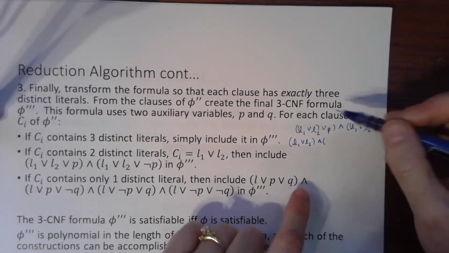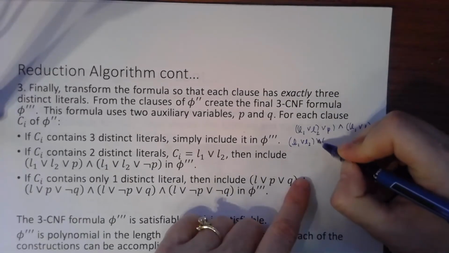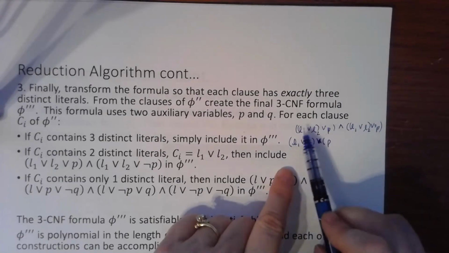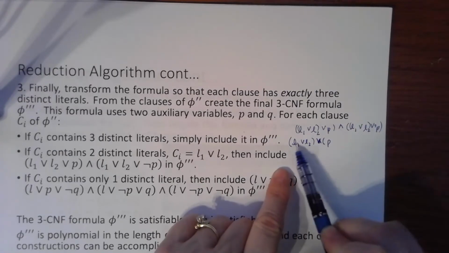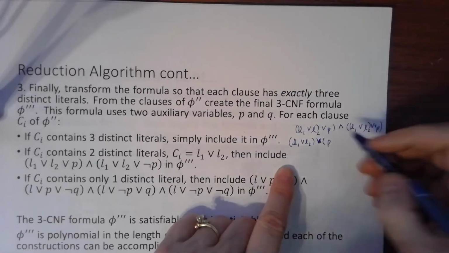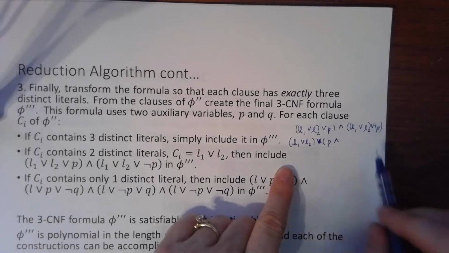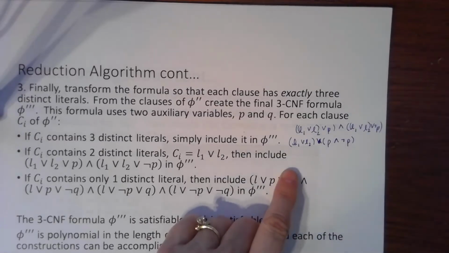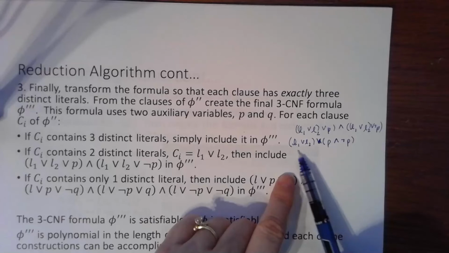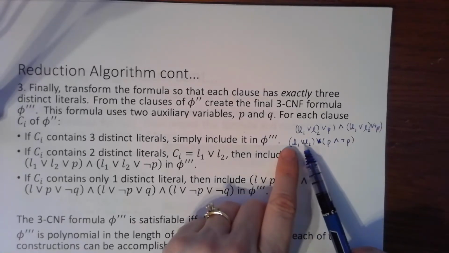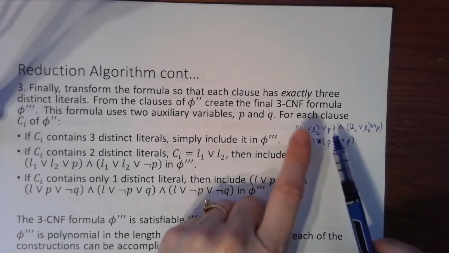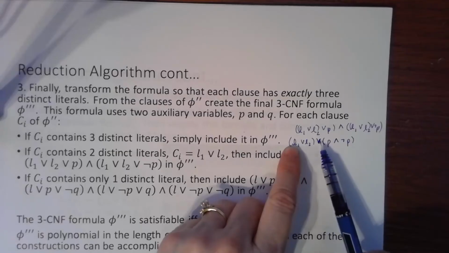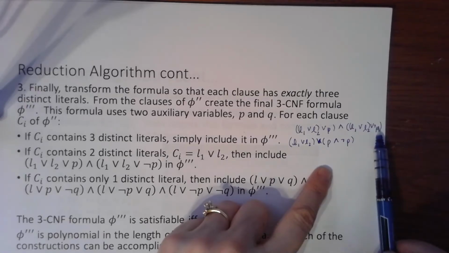or that with P, so that would be L1 or L2 or P, and then over here I would have to do not P. So doing the distributive law, I would have L1 or L2 or P, that gives us this one, and L1 or L2 or not P, that gives us this one.